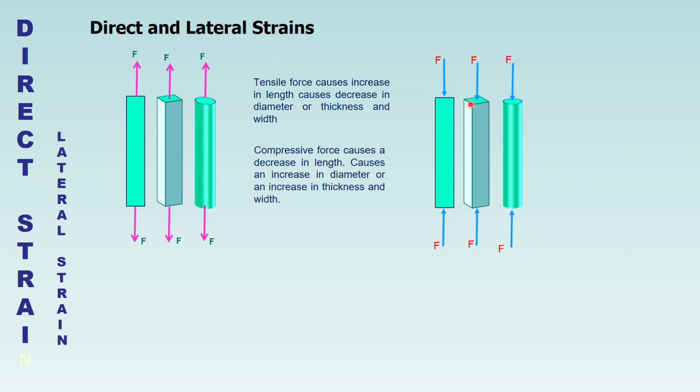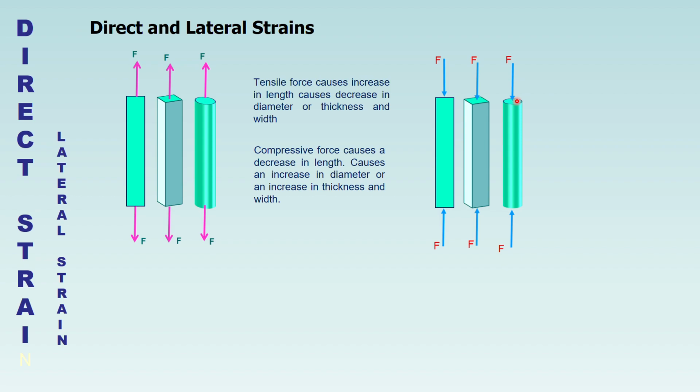Either the change in thickness over original thickness, or change in width over original width, both will give you the same lateral strain. Or if you take the change in diameter, which is an increase in diameter in this case because it's compressive, over the original diameter, you have what we call lateral strain.